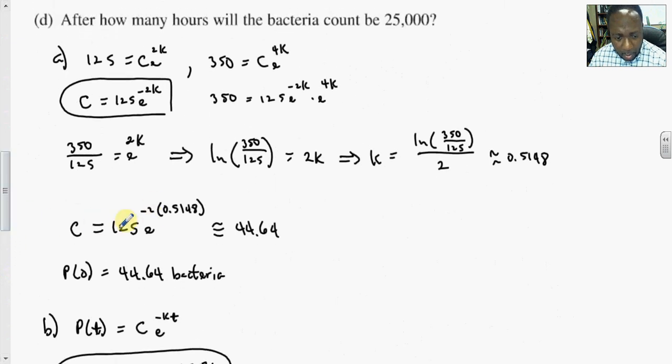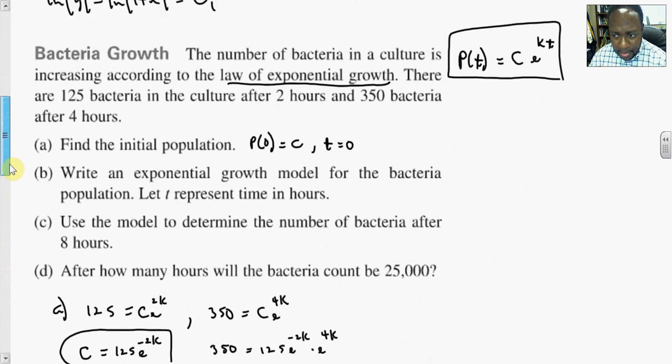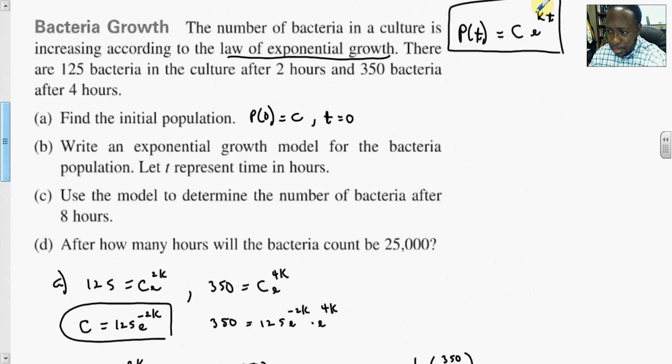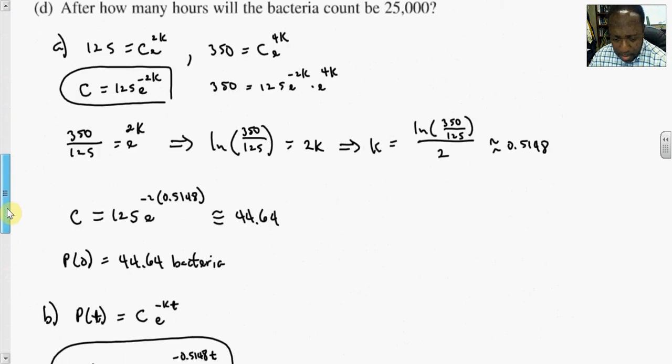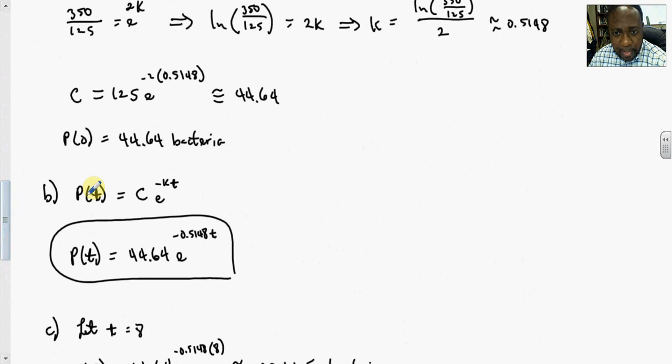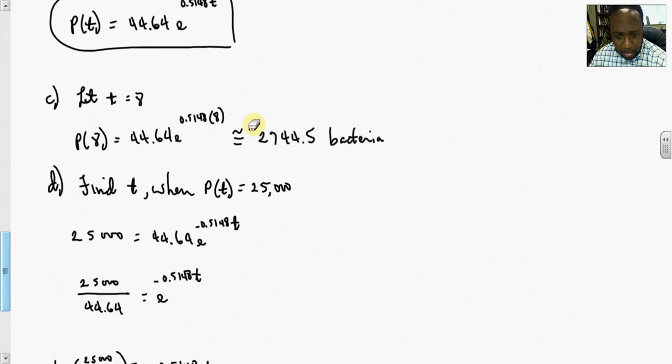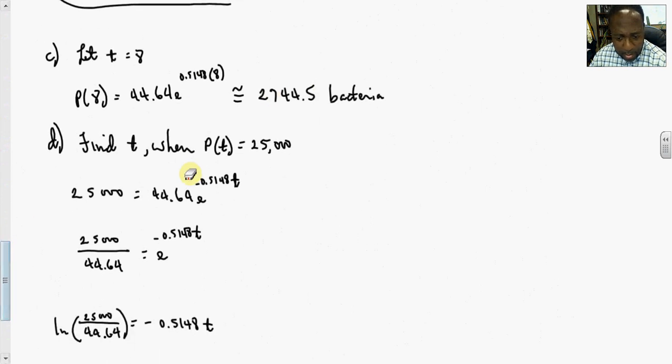It was negated only to find C. Oh, it's needed there, I'm looking for C. But after we find C, P here has k positive. That wouldn't give you that number anyway.